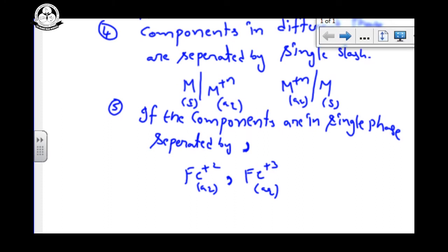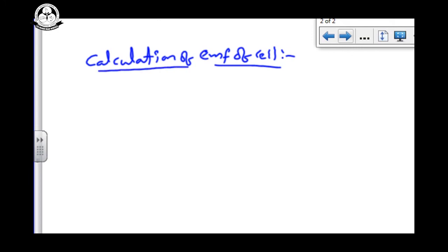So now the most important thing for us is the calculation of the EMF of the cell.